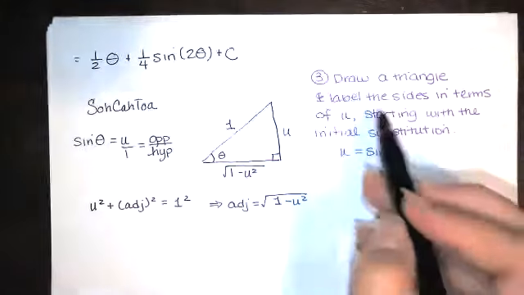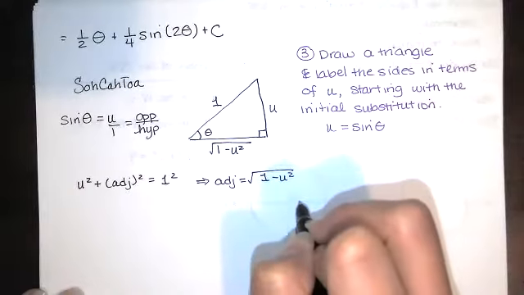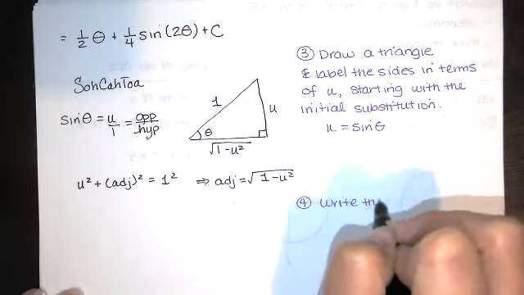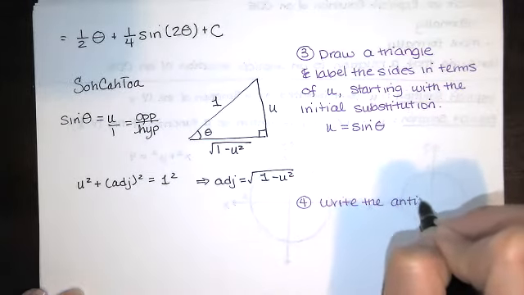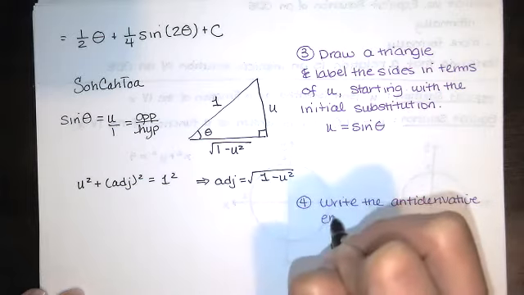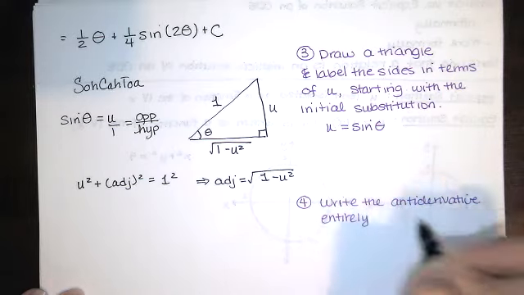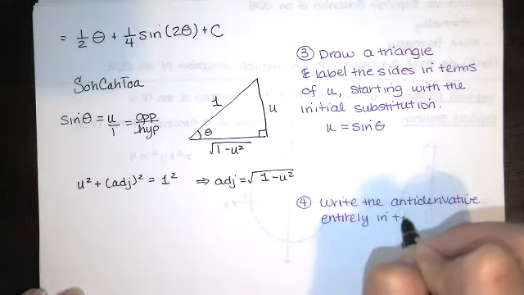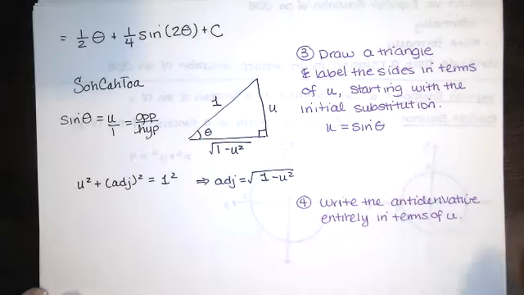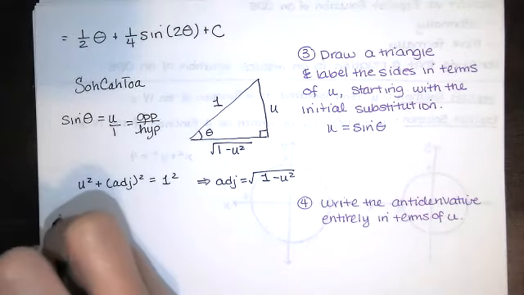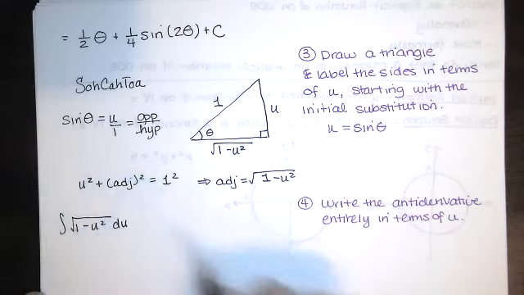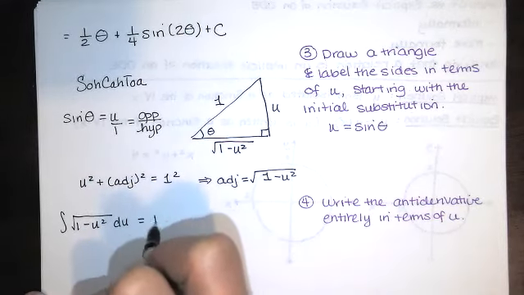So our goal now, after we draw the triangle, is to write the antiderivative entirely in terms of u, using the triangle as our guide. And so I have my original integral. That was that integral of 1 minus u squared du is equal to this.